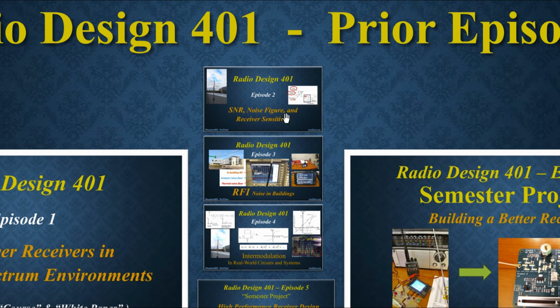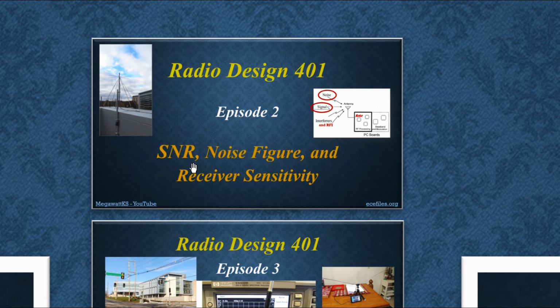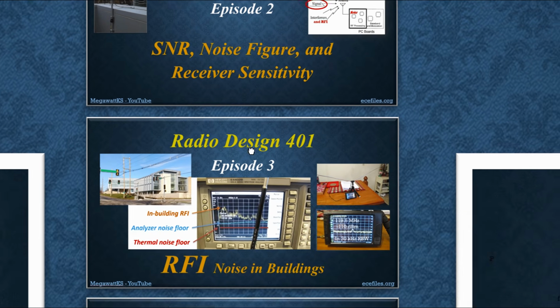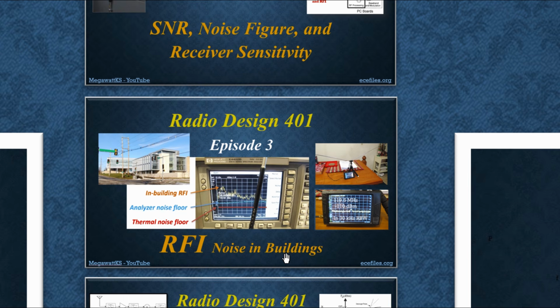For example, episode 2 dealt with signal-to-noise ratios, noise figure, very important for low-noise amplifiers, right? But it's not the only thing that's important. There are other things that affect how weak a signal you can get. So it's one thing to have really good noise figure and great sensitivity in the lab, but you get into environments that are real, like noise in buildings, and the noise figure doesn't really matter too much anymore.